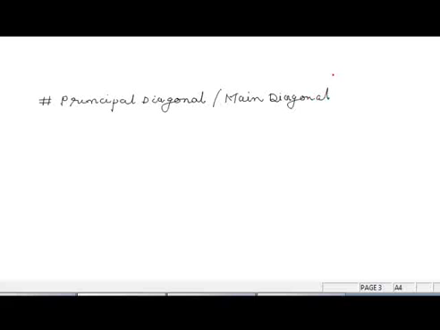There is one term associated with the square matrix that is called the principal diagonal. It is also called the main diagonal or leading diagonal.